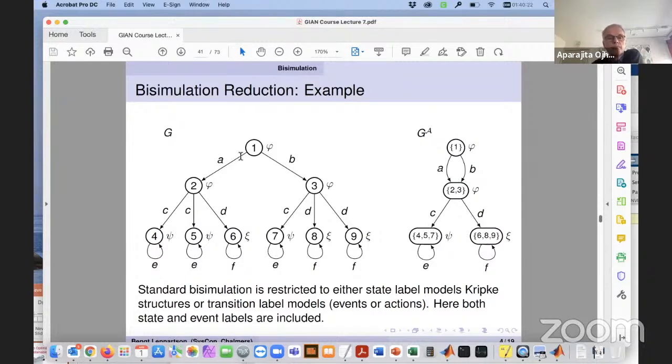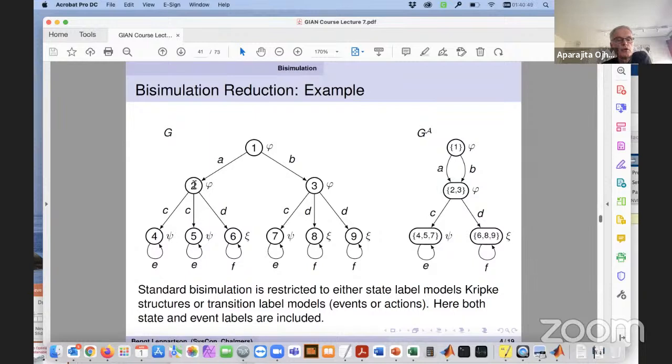And then from the first state, we also find that we have the same state label in both 1, 2, and 3. That's not necessary. We could have another state label here. We could even put the empty state label here. But we can go to a state with the same future.